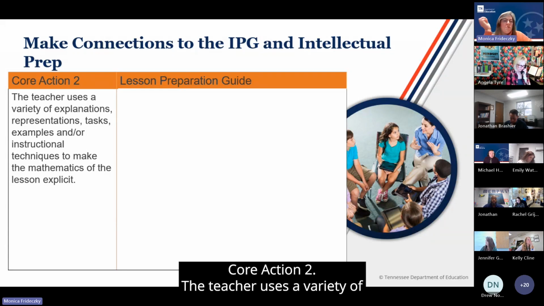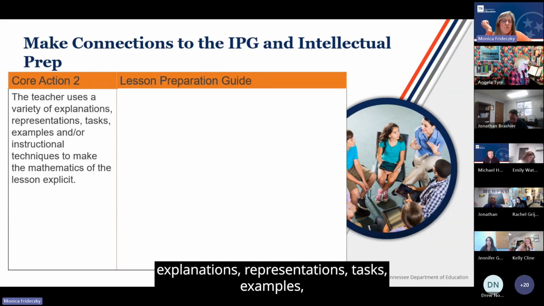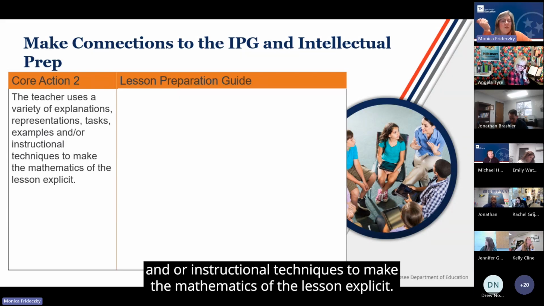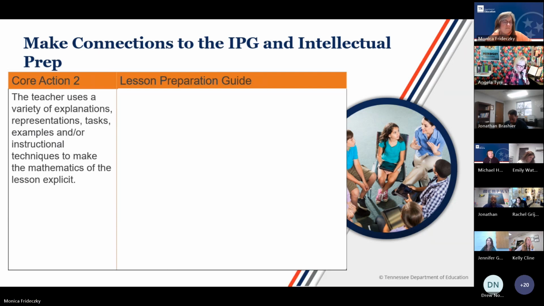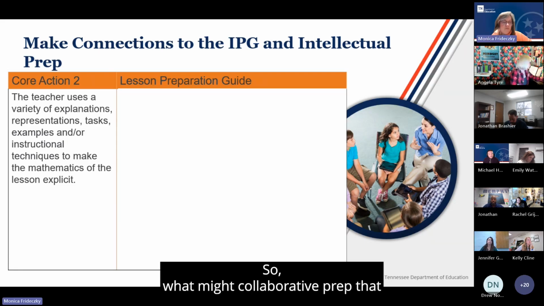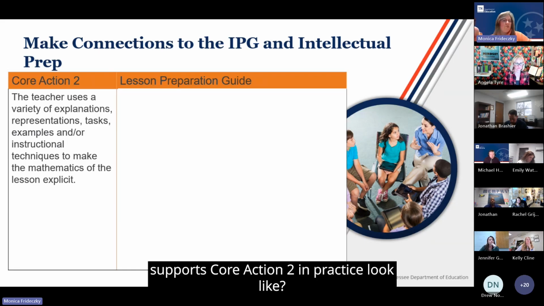The teacher uses a variety of explanations, representations, tasks, examples, and/or instructional techniques to make the mathematics of the lesson explicit. So, what might collaborative prep that supports Core Action 2 in practice look like?